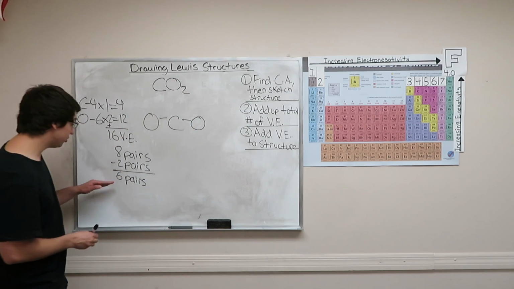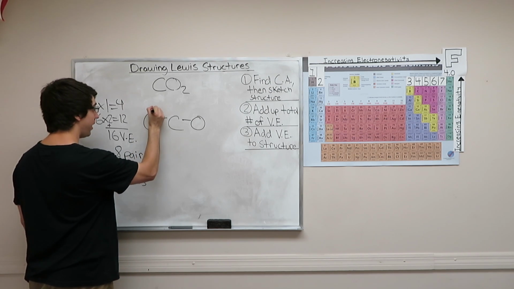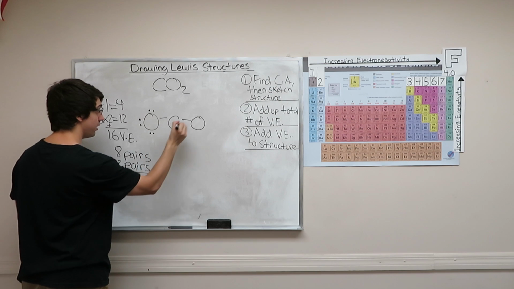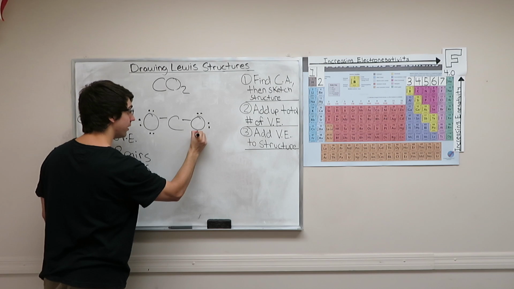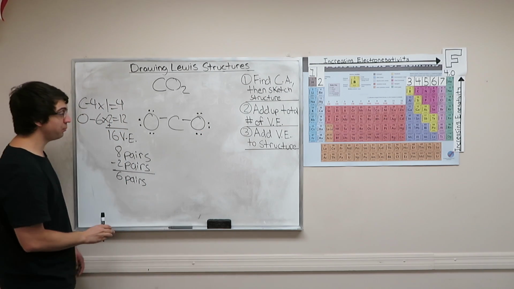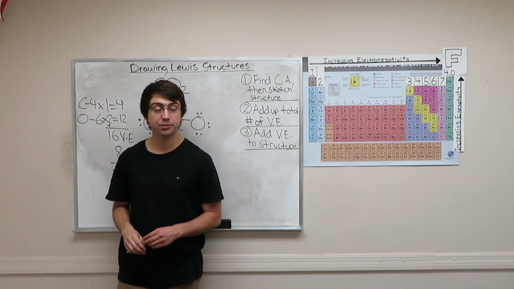So we have 6 pairs left over: 1 pair, 2, 3, 4, 5, and 6. Now we have used our remaining 6 pairs of valence electrons, and we have no more left.